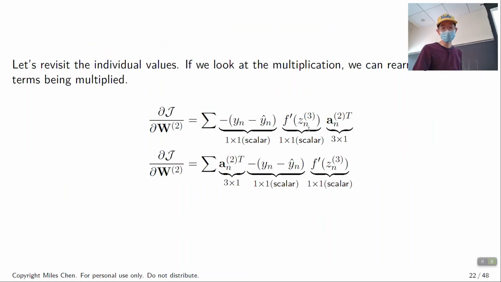Now, what about what's happening here? This is a scalar value being multiplied by a scalar value, and we want each of these things to be element-wise multiplied. We want the nth value here to be multiplied by the nth value here. If we're looking at the first observation, we want it multiplied by the first observation. When we're looking at the second observation, we want it multiplied by the second observation.